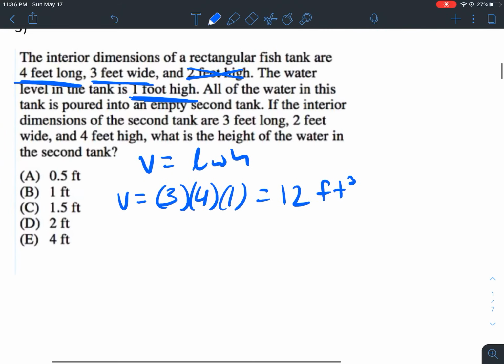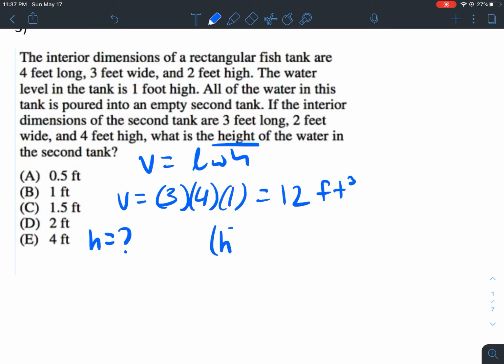So now they're taking all of that water and moving it to another fish tank. And what they're asking is, what is the height of the water? Well, again, when you fill up a fish tank, the height is what's going to vary. You add more water, the height's going to change. So we're trying to find out what is the height. So let's leave height in our formula. And they tell us that for the new fish tank, it is 3 feet long and 2 feet wide.